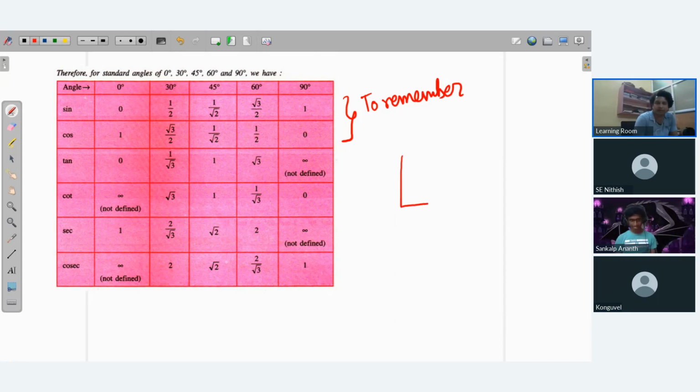Suppose I create a right angle triangle here, and this has 30. I give you the information to create a triangle in which one angle is 90 degrees, one angle is 30 degrees, and the side between these two angles is of one length. How many triangles can you make?